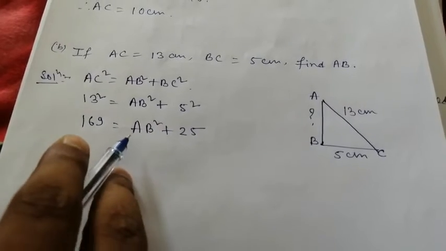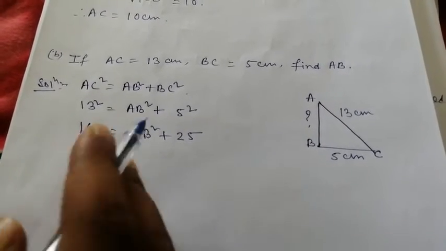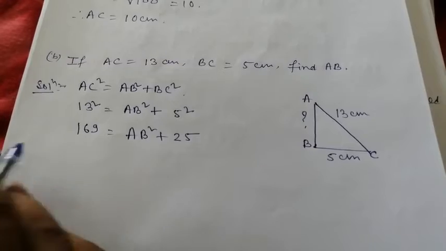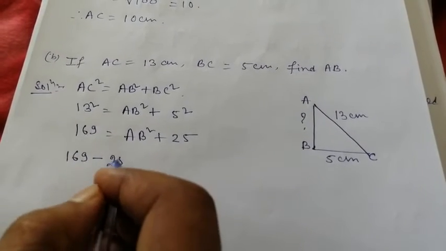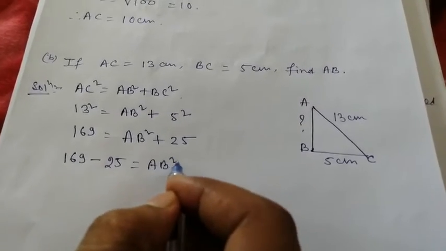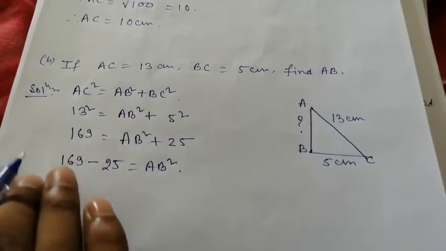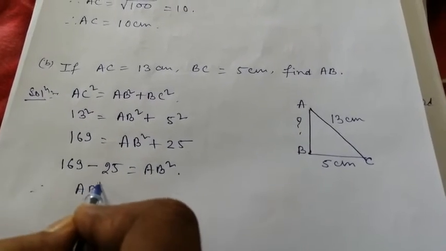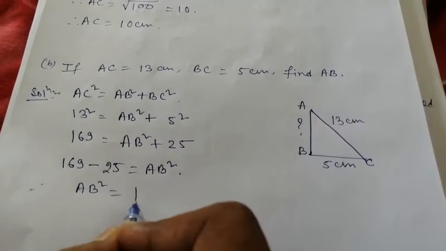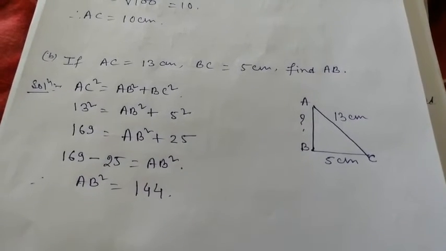Now we will find AB square only. So that's why 25 you have to shift to this side. So 169 minus 25 is equal to AB square. Okay, just change the side. So AB square is equal to 169 minus 25, that is 144.